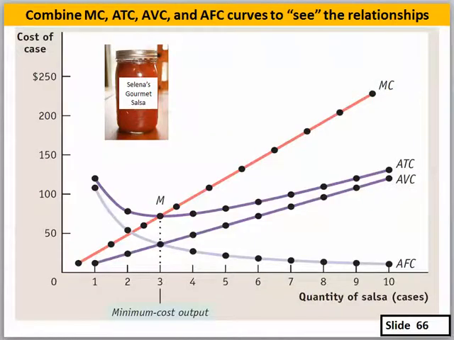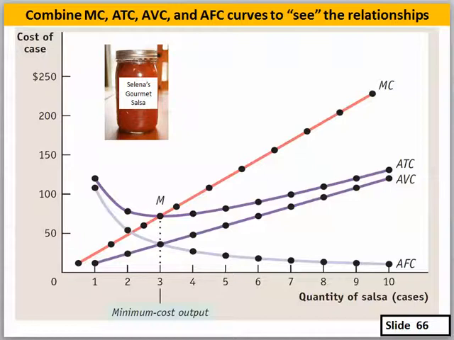Okay, if we combine these cost curves, we have our marginal cost curve, in this case using this gourmet salsa, is the straight red line. We have the average fixed cost, which is the very light colored line that starts high and goes very low and keeps getting lower and lower and lower.